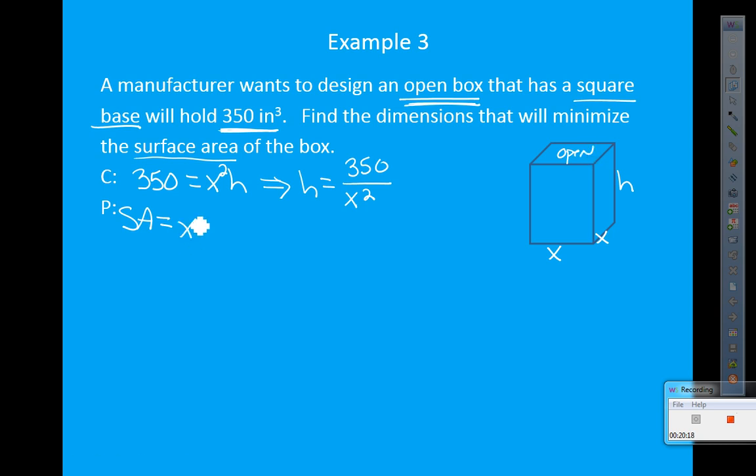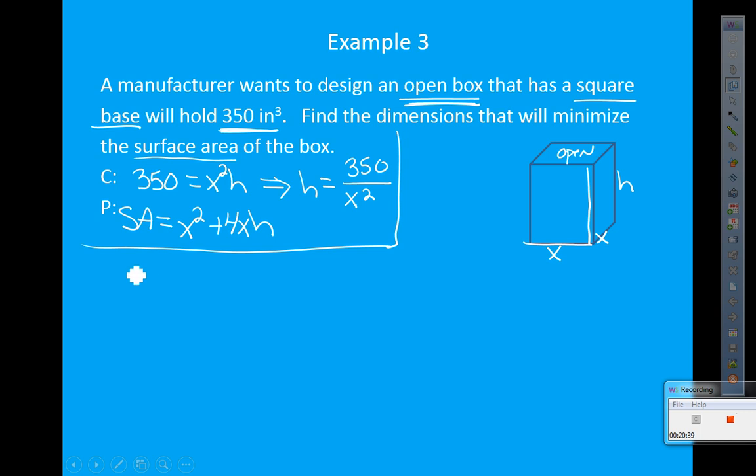So I've got an x squared for the area of the base. Now for the sides, my side is x times h, and I've got 4 of them. 1, 2, 3, 4. So my surface area is x squared plus 4xh. There's my main tools.